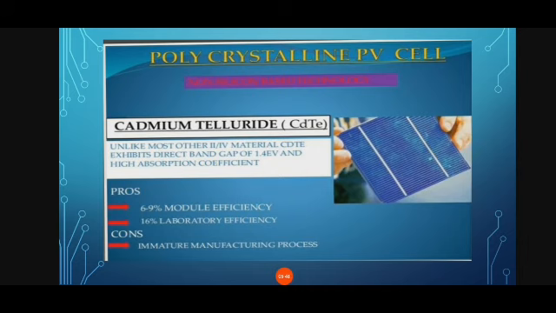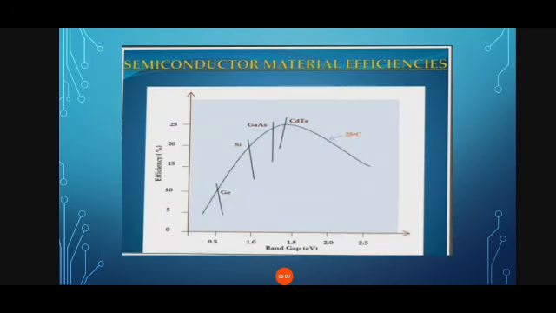Its advantage is 6 to 9% module efficiency and 16% laboratory efficiency, and its disadvantage is an immature manufacturing process. This is the graph showing the semiconductor material efficiencies, where there are different materials such as Ge, As and others.